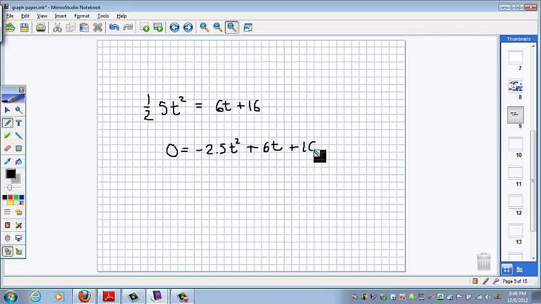That doesn't look easily factorable. It probably can be, but you could just turn to the quadratic equation with that as your a term, that as your b term, and positive 16 as your c term, and solve for it there.